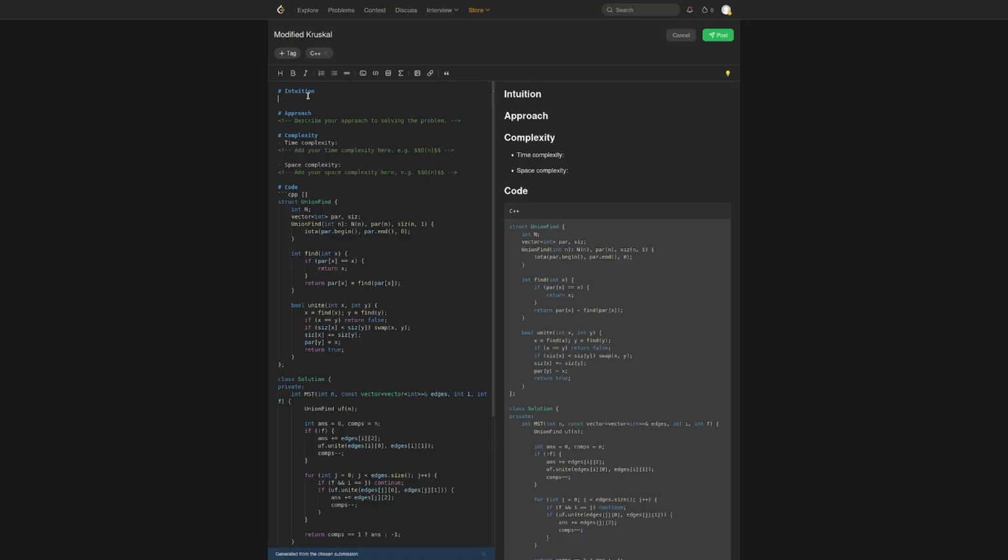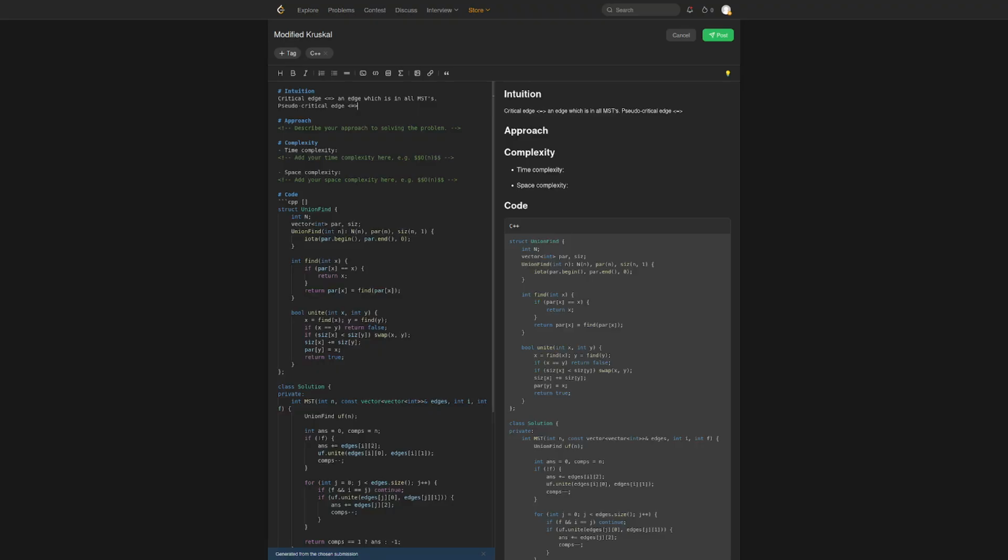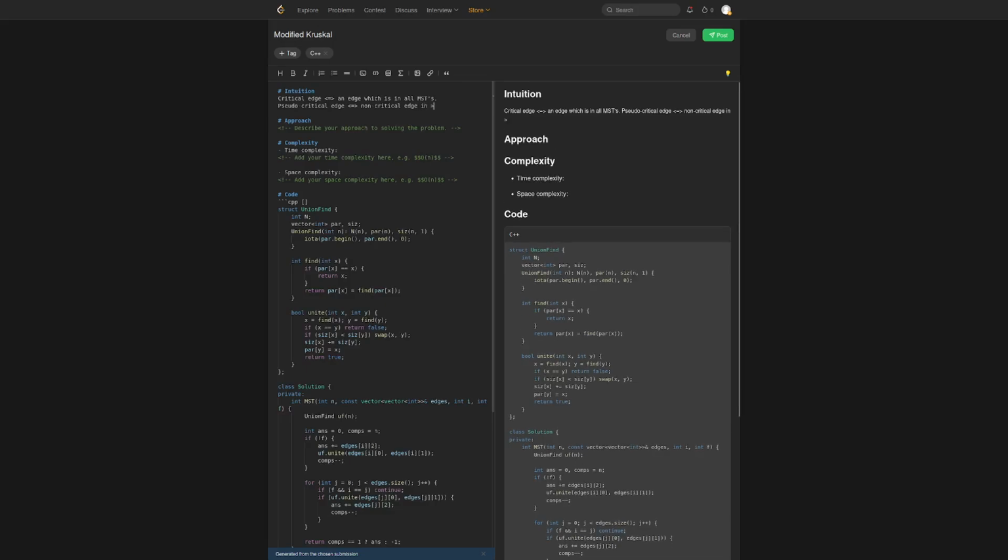Anyways, okay, so a critical edge is equivalent to an edge which is in all MSTs. A pseudo-critical edge is a non-critical edge in at least one MST.